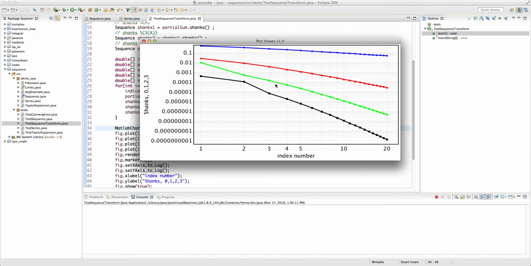And then the second shanks takes this first shanks and then shanks it again. So here the sequence after 20 terms has an accuracy of more than 6 decimal places. And then the third shanks basically kills them all.